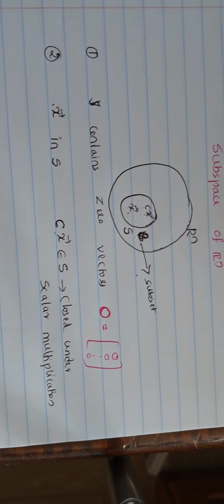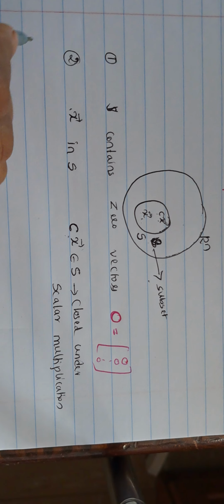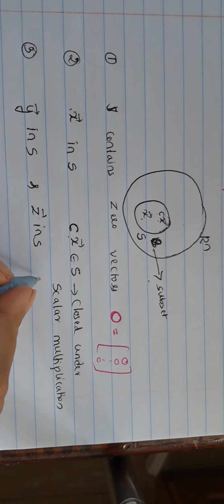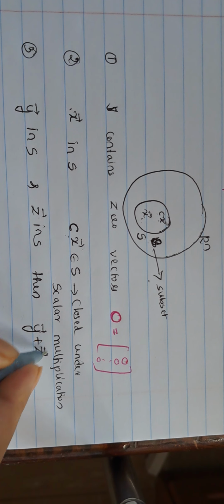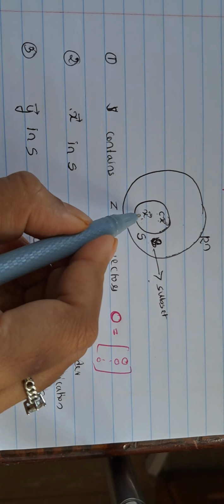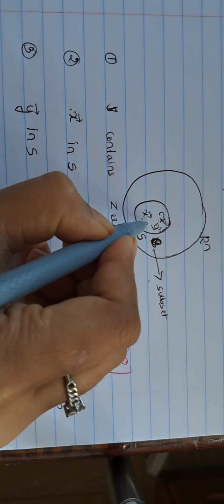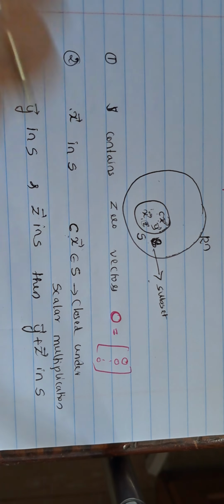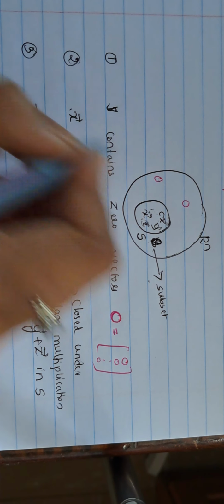That is important. Now the third condition is, suppose I have a vector y in S and a vector z in S. Then the resultant vector y plus z should also be in S. If I take any vector y and any vector z, after adding these two vectors, the resultant vector must also belong to S. It cannot come outside this collection.